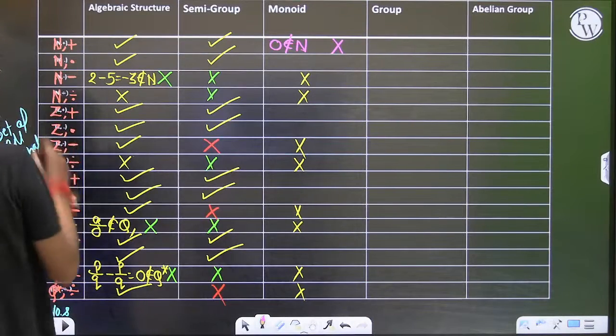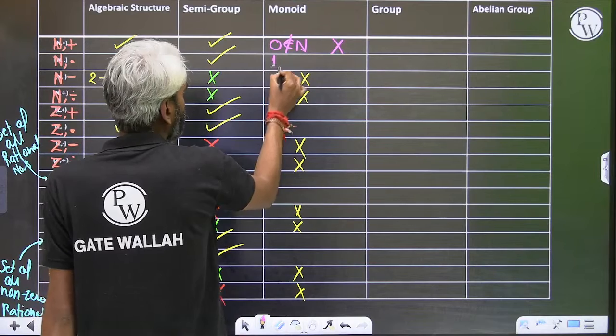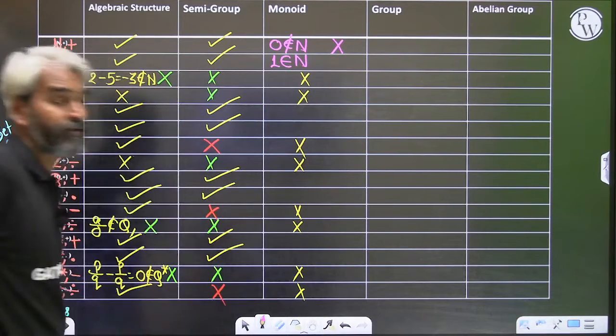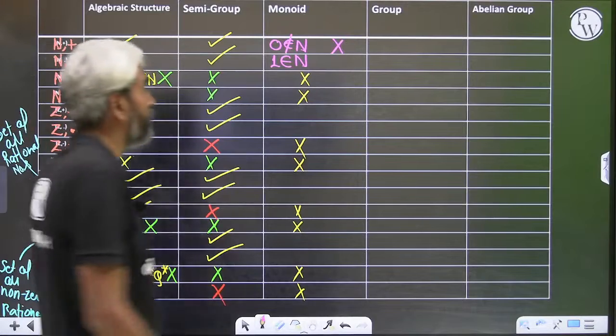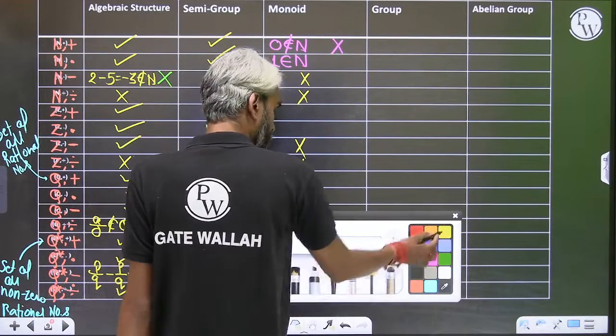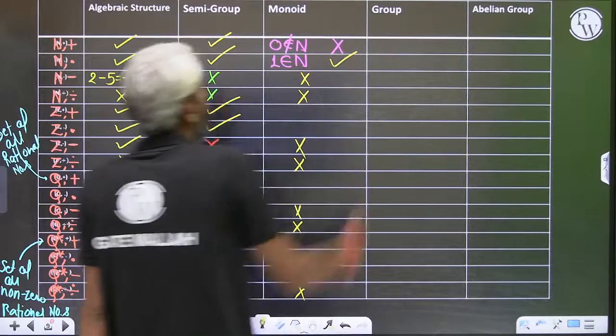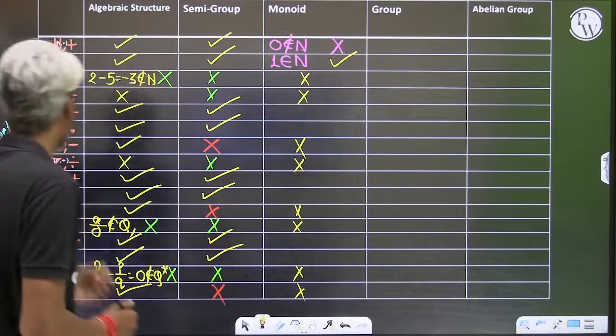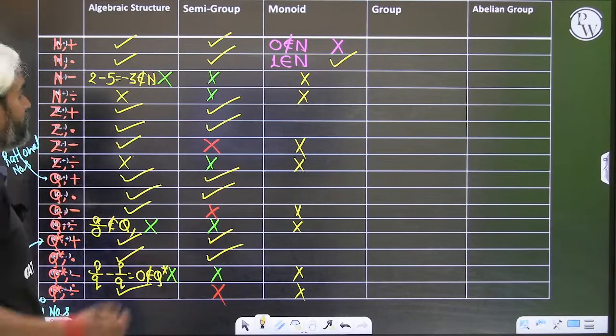Sir, with respect to multiplication, identity will be 1, and 1 belongs to the set of natural numbers, therefore, yes, the set of natural numbers with respect to multiplication is a monoid. Now, next one, sir, the set of integers.